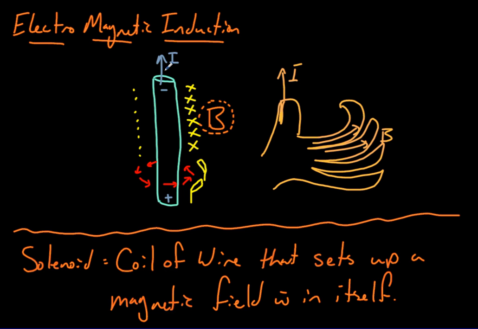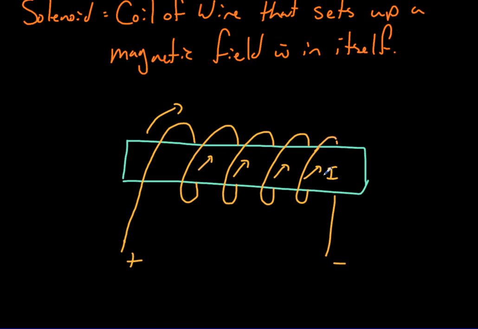Our thumb is going to point the direction the current is flowing, and our fingers are going to make the magnetic field that exists around that. So let's take this last piece of coil. Imagine our thumb is pointing up, and then our fingers are curling inside the magnetic field, or sorry, inside the solenoid.